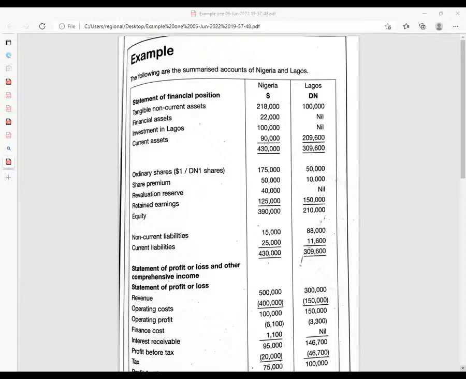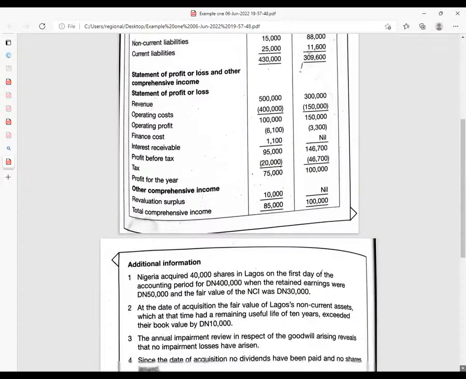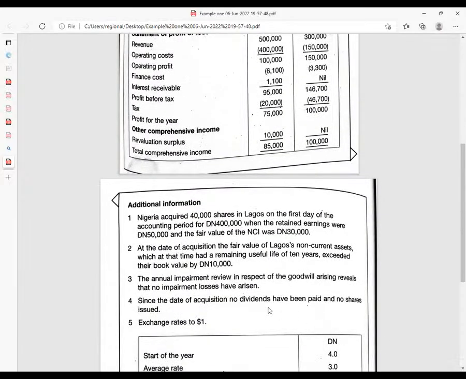Now, listen to me very well. They have given me everything there. Then we are told additional information: Nigeria acquired 40,000 shares in Lagos on the first day of the accounting period for DN 400,000, when the retained earnings were DN 50,000 and the fair value of the NCI was DN 30,000.